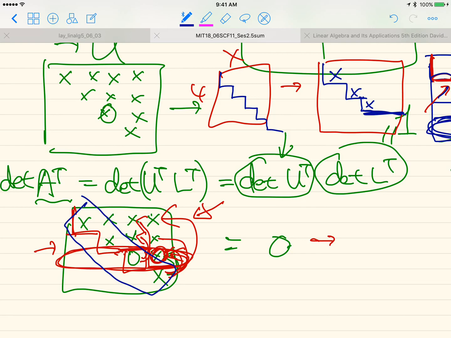We can still write the determinant of U as u1, u2, and so on, where those are all diagonal entries. So if we see 0 somewhere along the diagonal, the determinant automatically becomes 0. Any other questions?